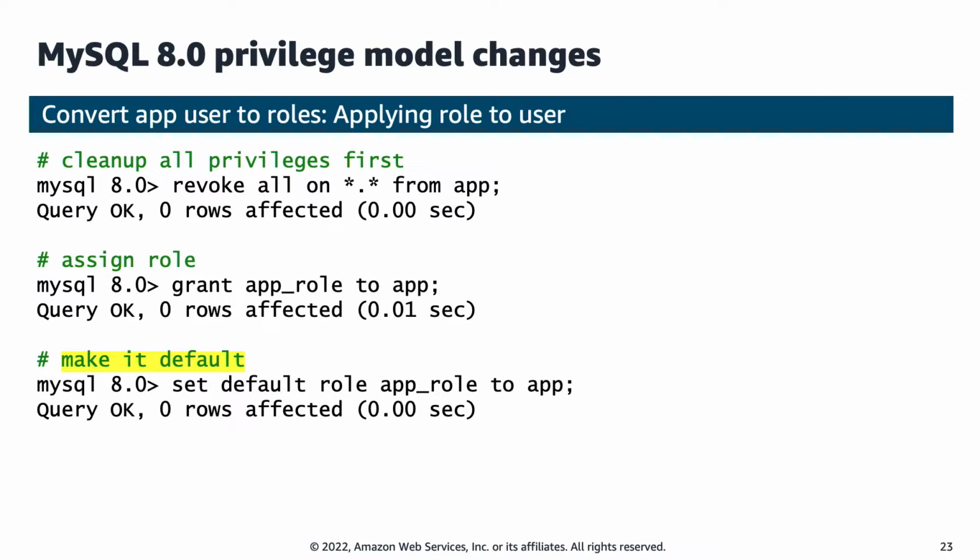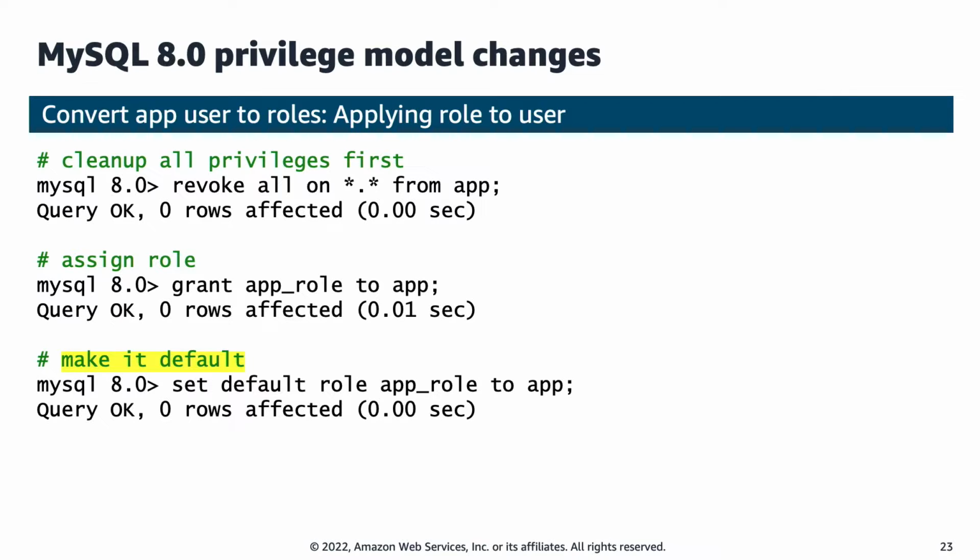So you set it as default, and then all the privileges that are granted or revoked to and from that role will be applied to that user. It is just a convenience. It's easier to manage your privileges with roles.